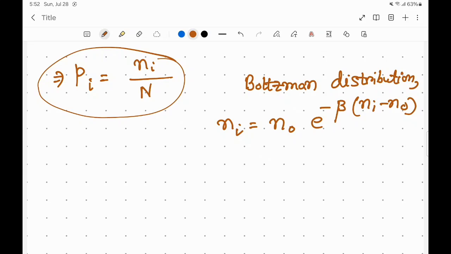If you have any doubt, you can ask me. This formula is very important. This is a distribution formula. We will use it several times. The derivation is also important, and it was discussed in the class.